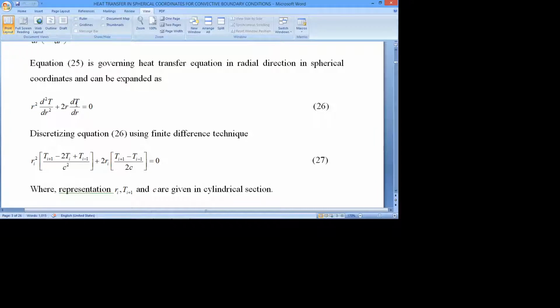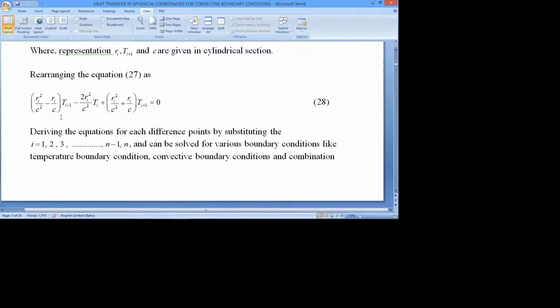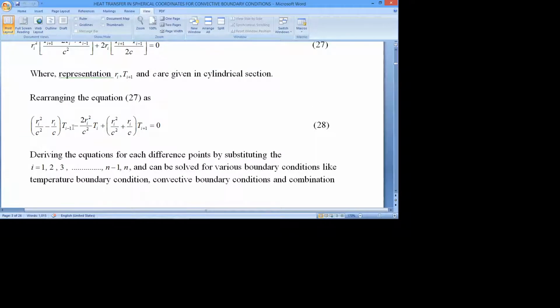The single derivative, dT upon dr, can be written as Ti plus 1 minus Ti minus 1 upon 2C, where C is the space between two consecutive difference points. So this equation can be arranged in this particular format. Here we have three temperatures: Ti minus 1, Ti and Ti plus 1.